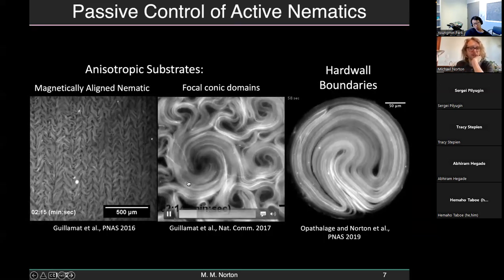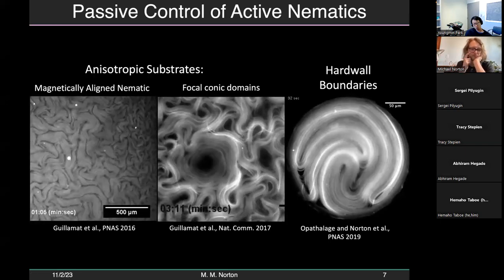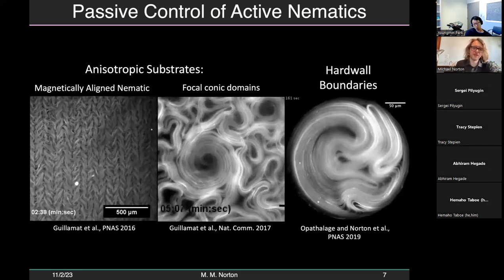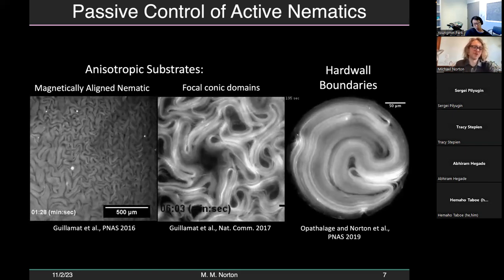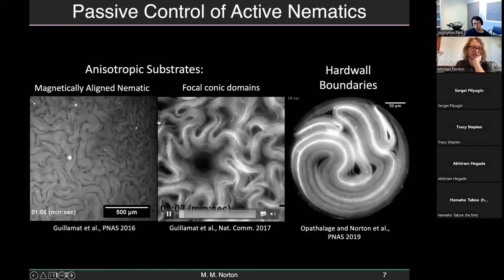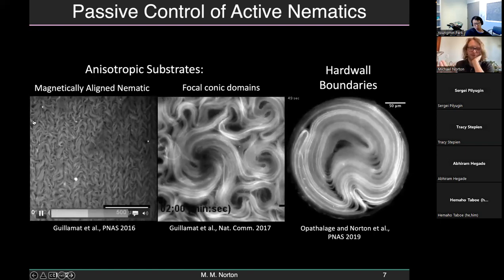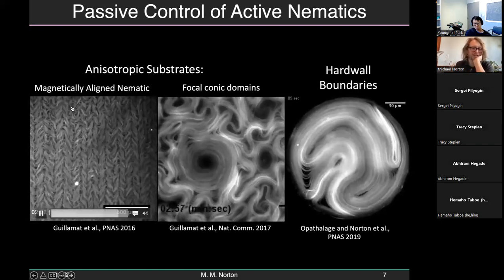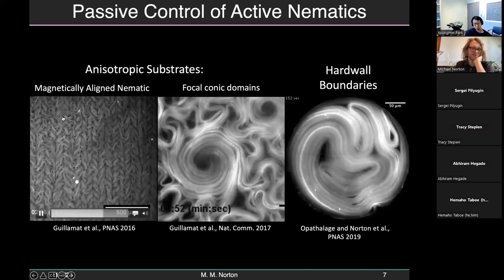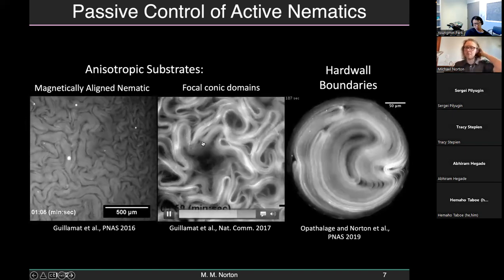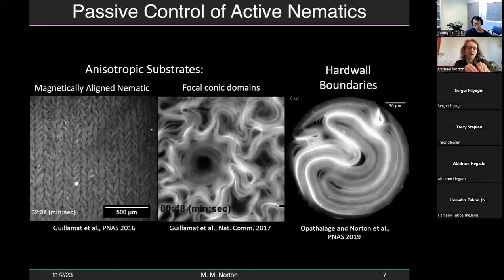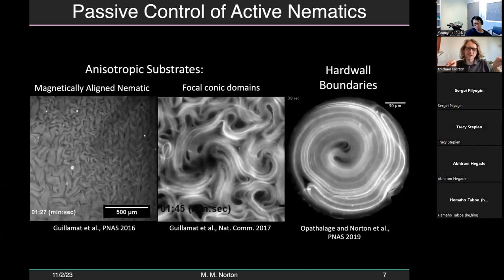Okay, so a really fruitful area of research recently has been to try to control these microtubule active nematics through a variety of means. I just want to walk you through a brief history of this pursuit. For the left two images, remember how I mentioned that the microtubules are suspended down onto an oil-water interface?